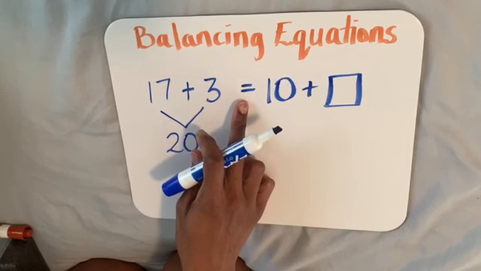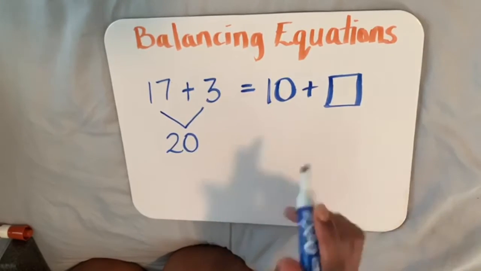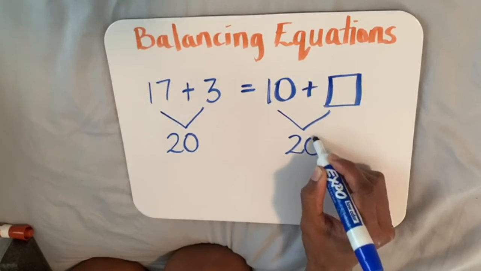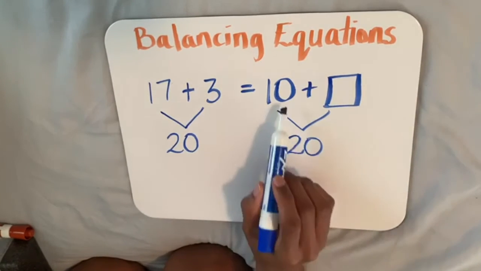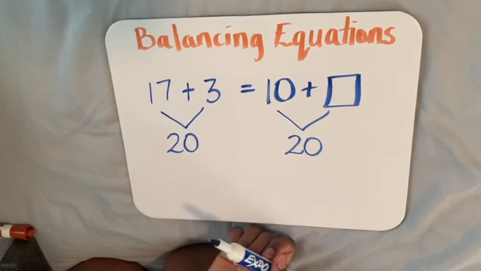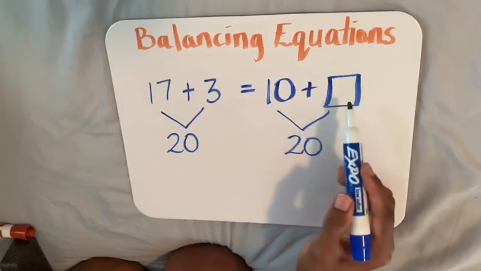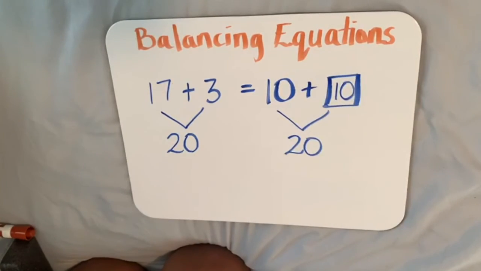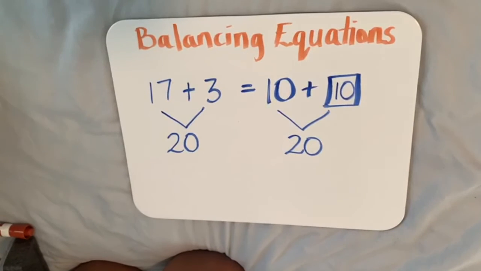This equal sign means that this side must be the same amount. So I know that this side is also equal to 20. Now, I have 10. 10 plus what number equals 20? Oh, I know. 10 plus 10 equals 20. That's a math fact that I already know. And so 10 goes in the box.